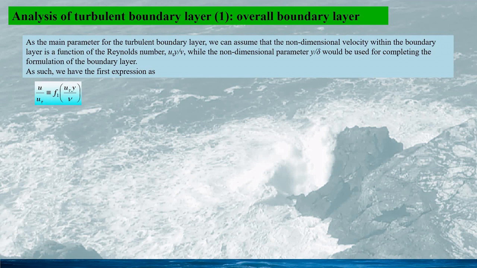As the main parameter for the boundary layer, we can assume that the non-dimensional velocity within the boundary layer is a function of the Reynolds number u tau y divided by nu, while the non-dimensional parameter y divided by delta would be used for completing the formulation of the boundary layer.